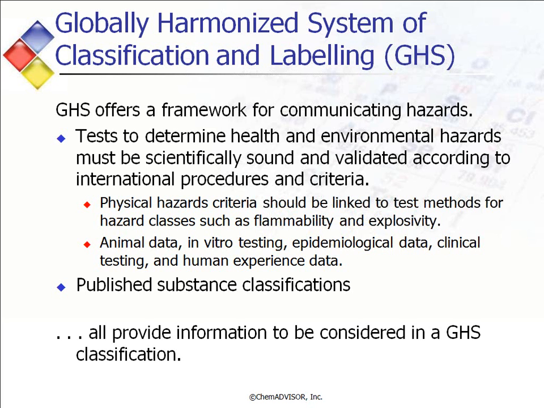Where we don't have data on a specific substance, there are published classifications that countries have compiled, and those published classifications can be used to determine acute toxicity point estimates according to the GHS to support the evaluation of a mixture and to calculate any given endpoints.